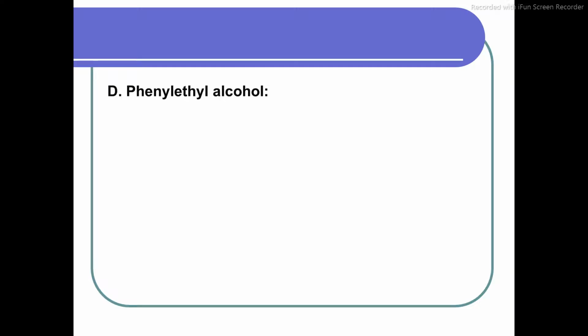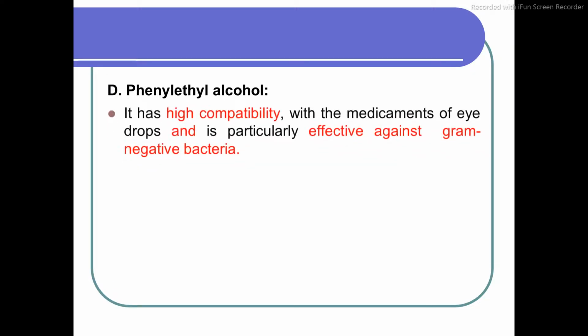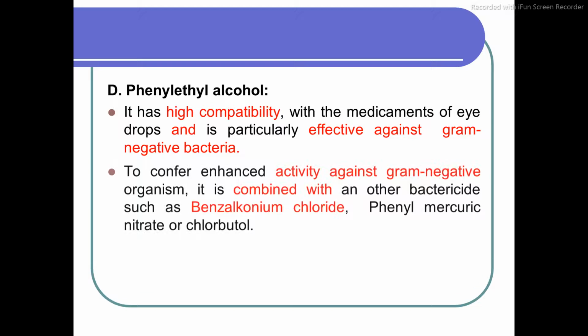Next class is phenyl ethyl alcohol. Again, it has high compatibility and is effective against gram-negative bacteria. To confer enhanced activity against gram-negative organisms, it is combined with benzalkonium chloride, phenyl mercuric nitrate or chlorobutol.